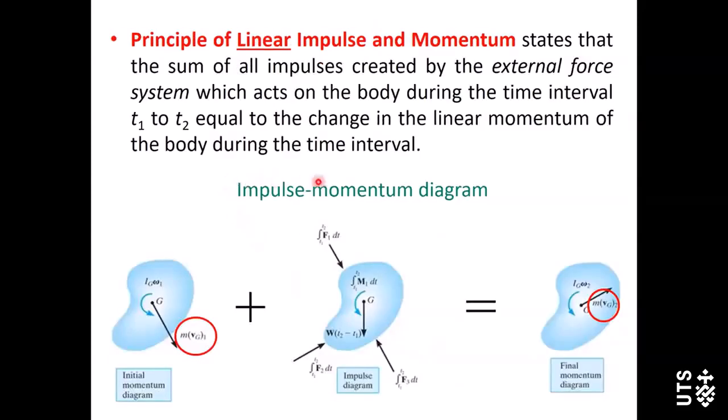We use an impulse momentum diagram to help explain principle of linear impulse and momentum. In this diagram, firstly, we show the initial momentum of this rigid body. And here include linear momentum and angular momentum.